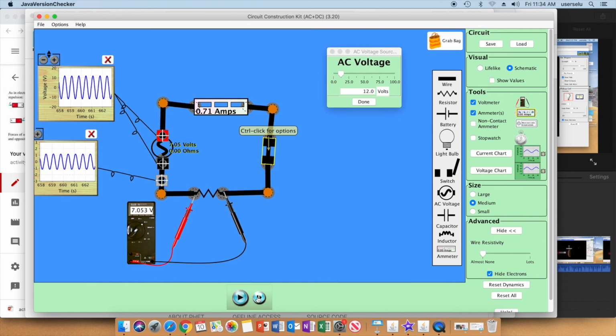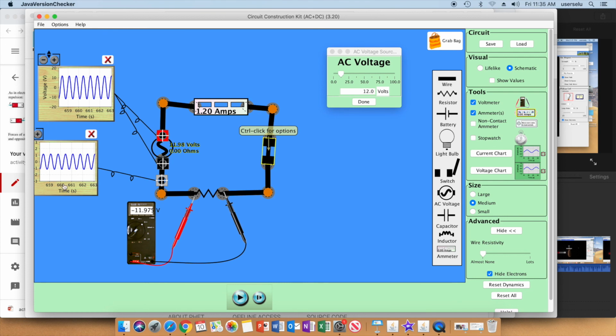Now, if I step past that, and you can notice things are changing, let me go to the bottom. Now I'm at negative 12. Essentially, I'm never going to get to exactly negative 12. Notice that the current reading right up here is negative 1.2. When I'm at the bottom of the voltage peak here, I'm at the bottom of the current peak here.